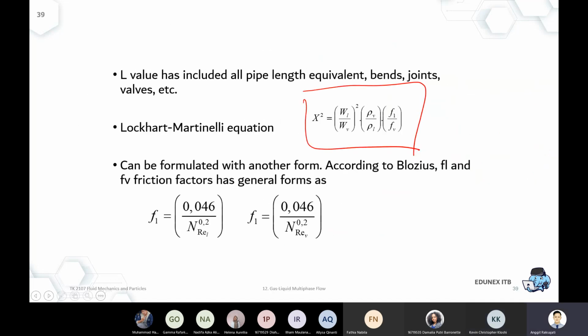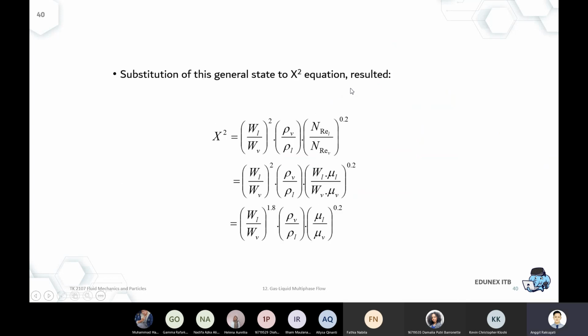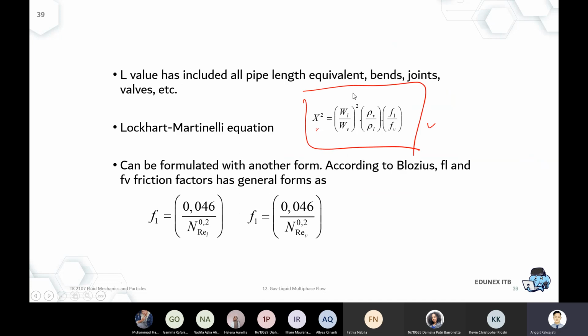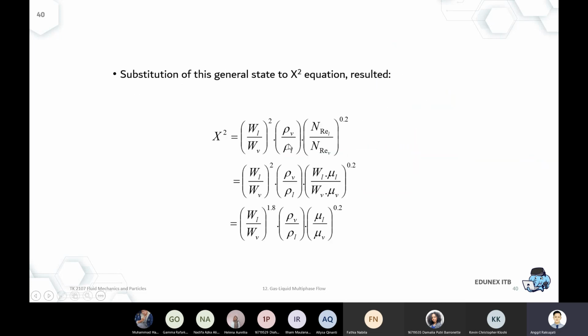Okay, so we're up until this part. Hopefully it's very clear how we can get this X square, the Lockhart-Martinelli parameter. And again, from this correlation, if you try to substitute into a different expression, it's possible, but not mandatory.